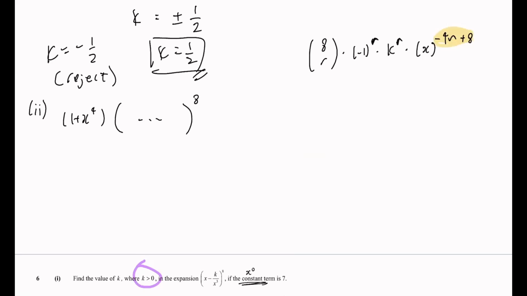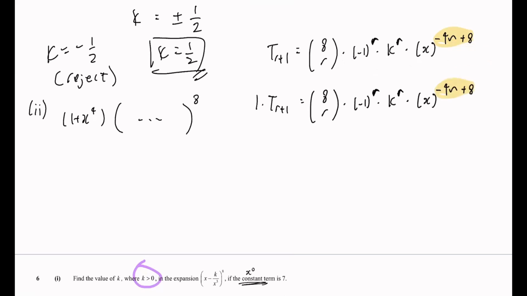Then whenever we want to show this kind of question, here's how you can do it. You take the first term and multiply by Tr+1. We'll just get back the same thing. Then you do the second, x power 4 times Tr+1.